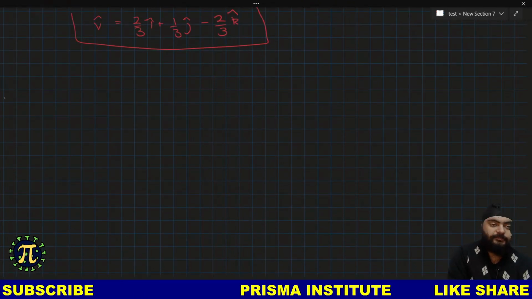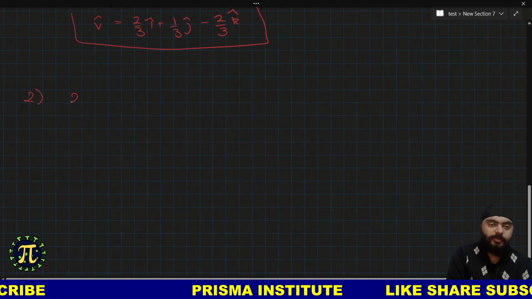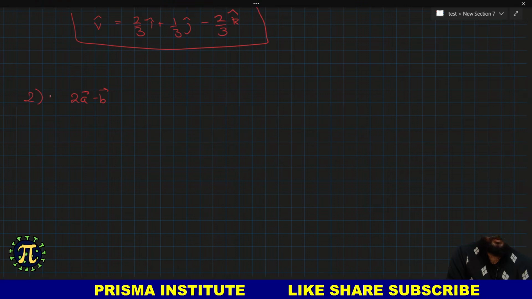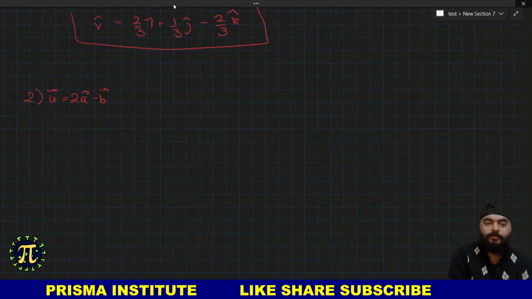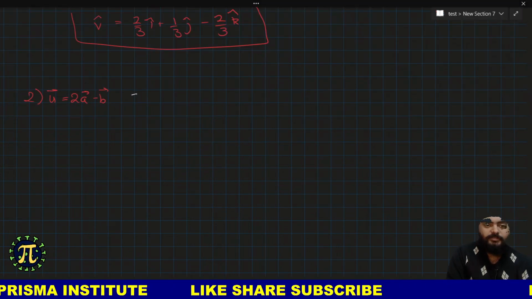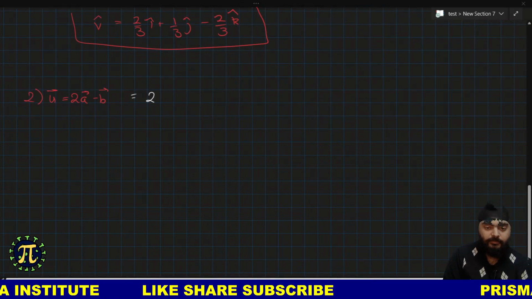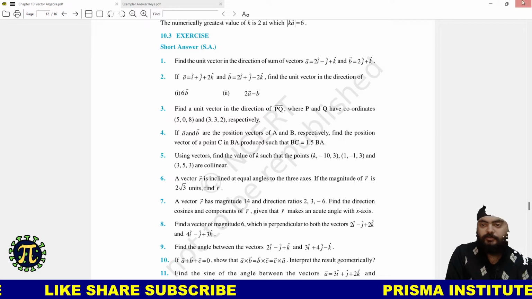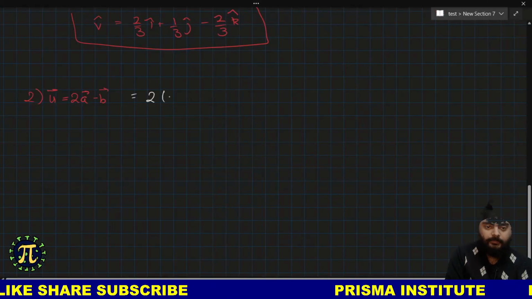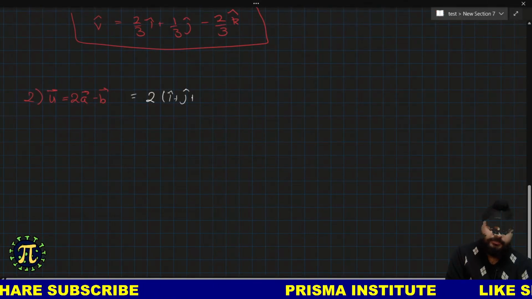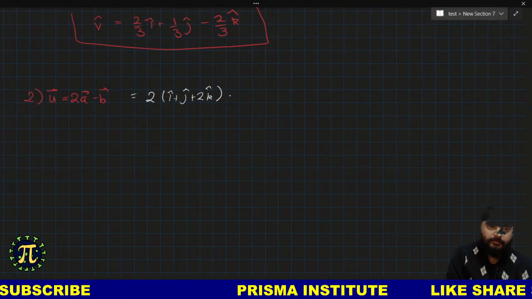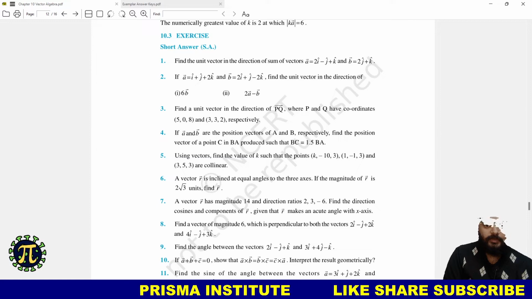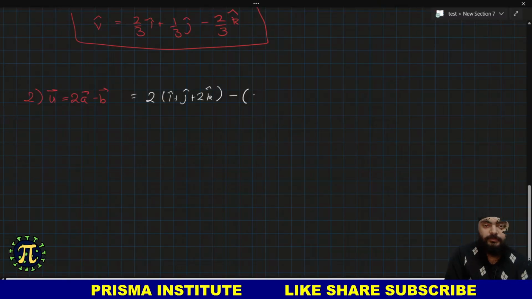So let's first find what the 2a minus b vector is, and let's call it u vector. So 2a minus b is equal to twice of i, j and 2k, so i cap plus j cap plus 2k cap, minus b vector which is 2i plus j minus 2k.